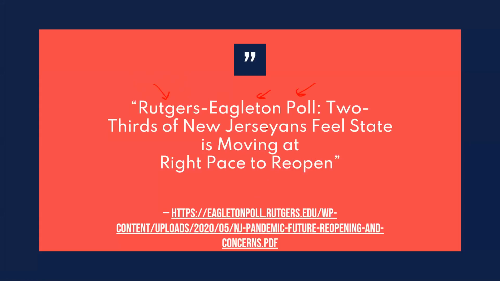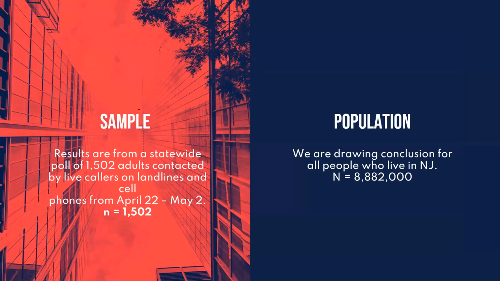No, she obviously didn't. If you're interested, you can read the press release about it, but let me show you just the important information. What she did was she took a sample. The results are from a statewide poll of 1,502 adults. So that right there is our sample size. That's where the lowercase n comes in.